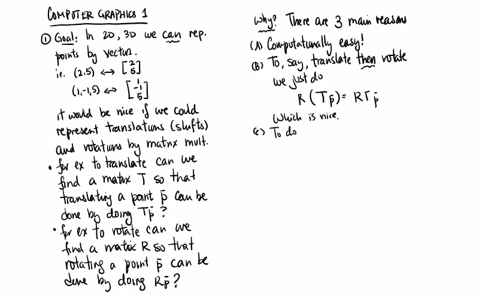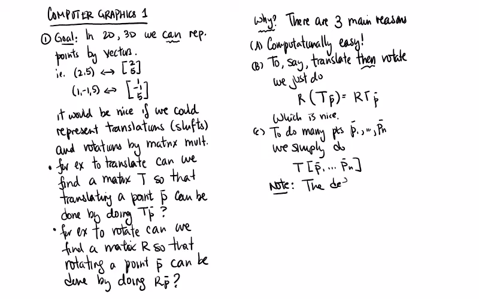So to do multiple points, say P1 through Pn, we construct the matrix with columns P1 through Pn and multiply by T. Just so that you note, because this might be a little rusty, the very definition of matrix multiplication, not how we compute it by hand, of AB for matrices A and B is that you take A and multiply it by each column in B successively.